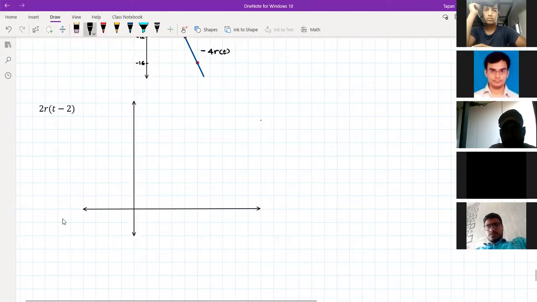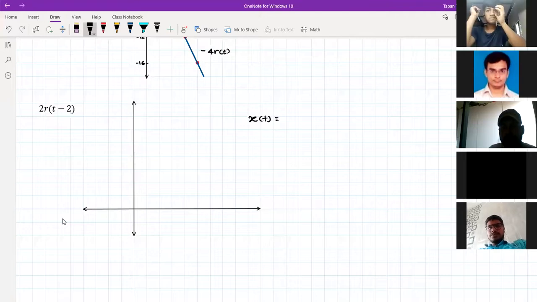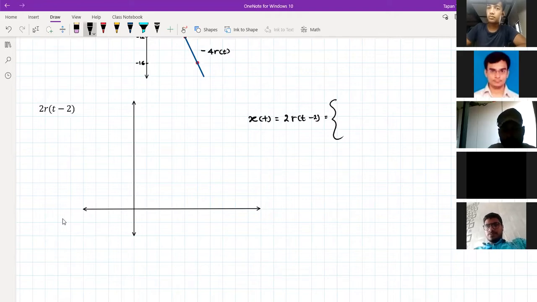It's very simple. x of t is equal to 2 r of t minus 2, which is equal to 2 into t minus 2 for t greater than or equal to 2, and it is 0 for t less than 2.